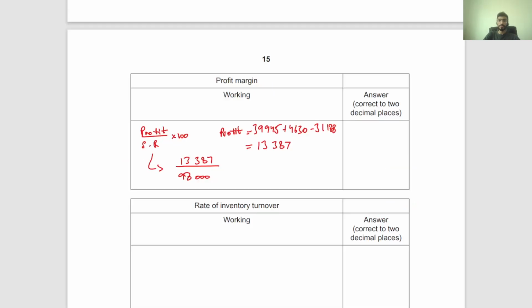Times 100. 13,387 over 98,000 times 100 is 13.66%. Be careful what they're asking for. They want 2 decimal places. That's what they normally want, but just look at the question and make sure that's what they want.